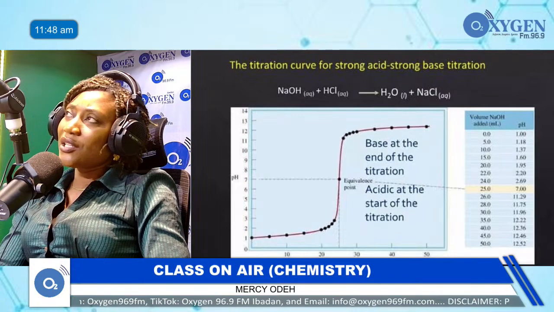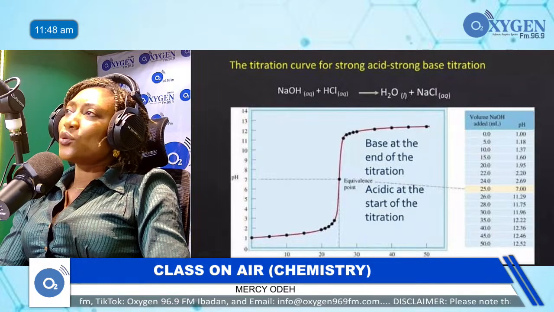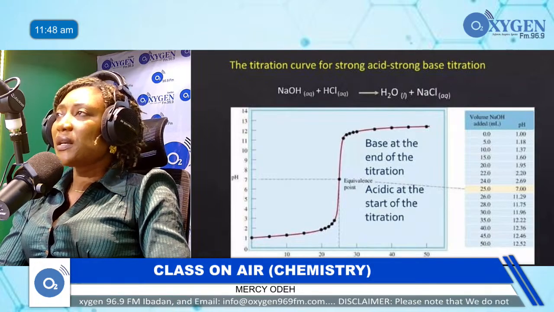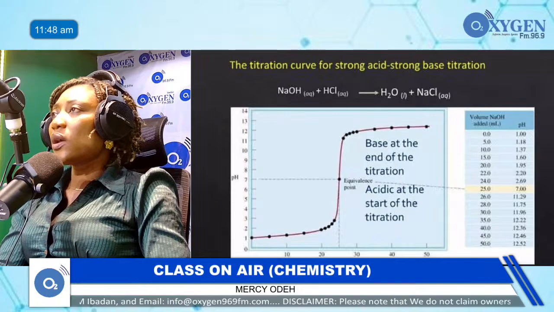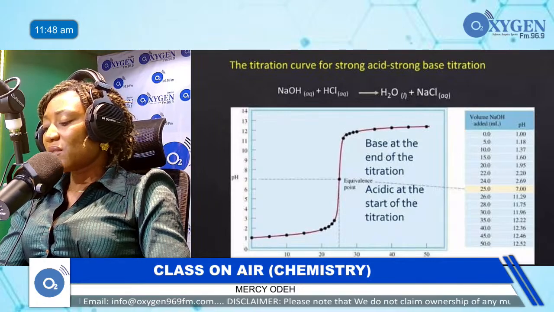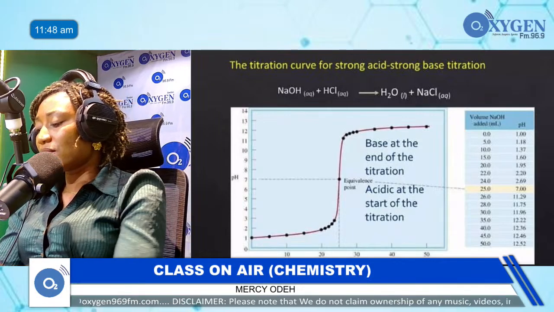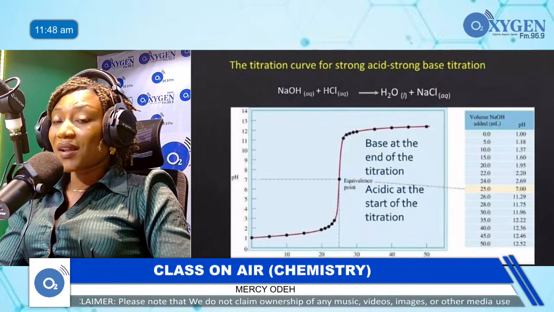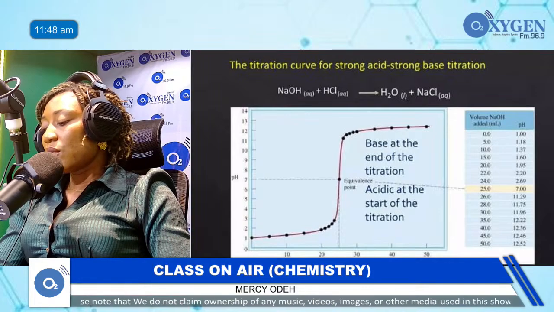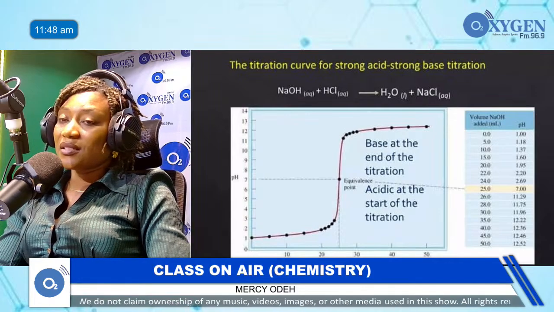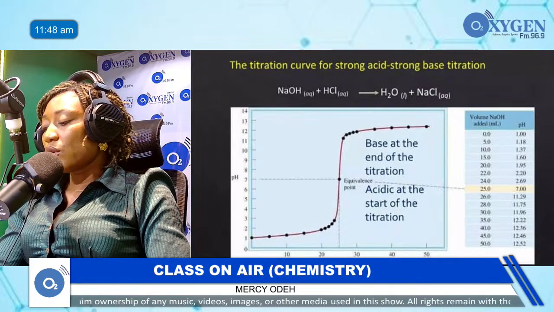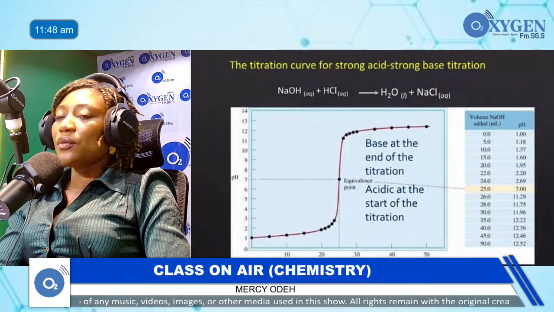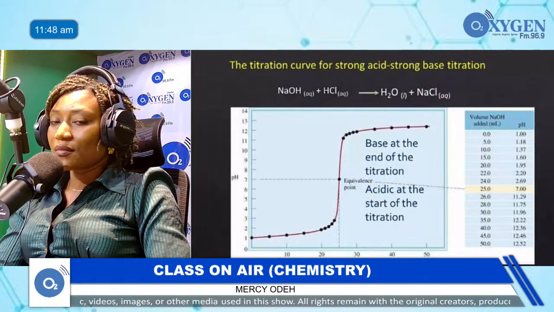Before I continue, I would like to mention the apparatus that we use when we want to carry out acid-base titration. We make use of conical flasks, retort stand, pipette and burette.